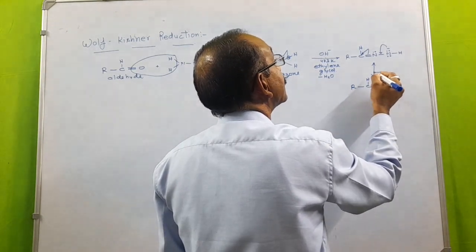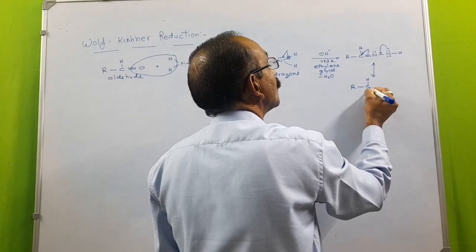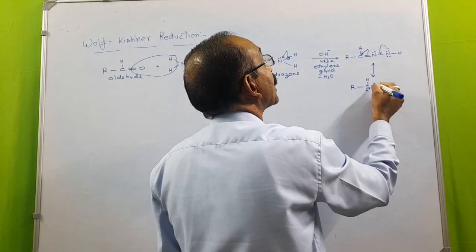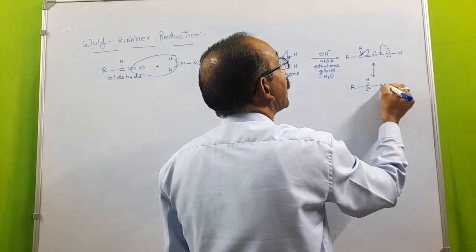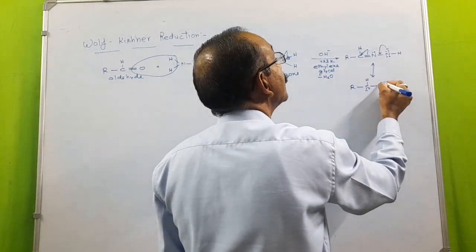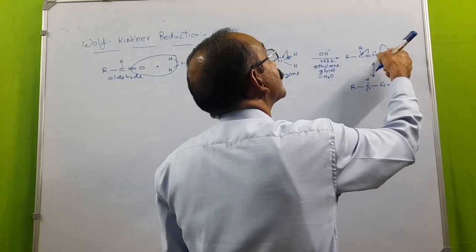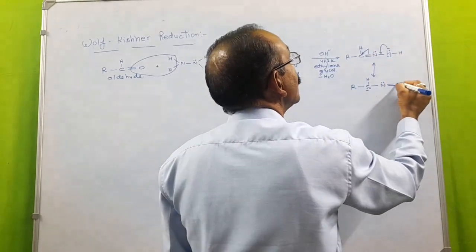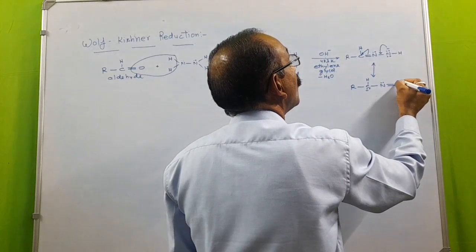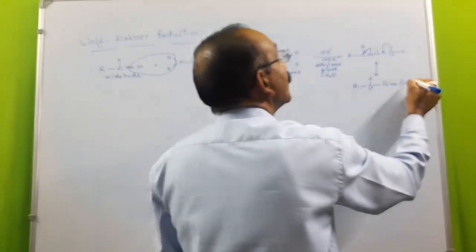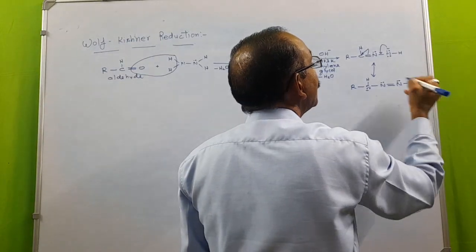Now, as the 2 electrons come over the carbon, it will become negatively charged, and a single bond will remain in between the carbon and nitrogen. And here, as the 2 electrons of nitrogen come in between the 2 nitrogens, a double bond will form here. Over nitrogen only one lone pair is left, and over nitrogen there is the hydrogen.